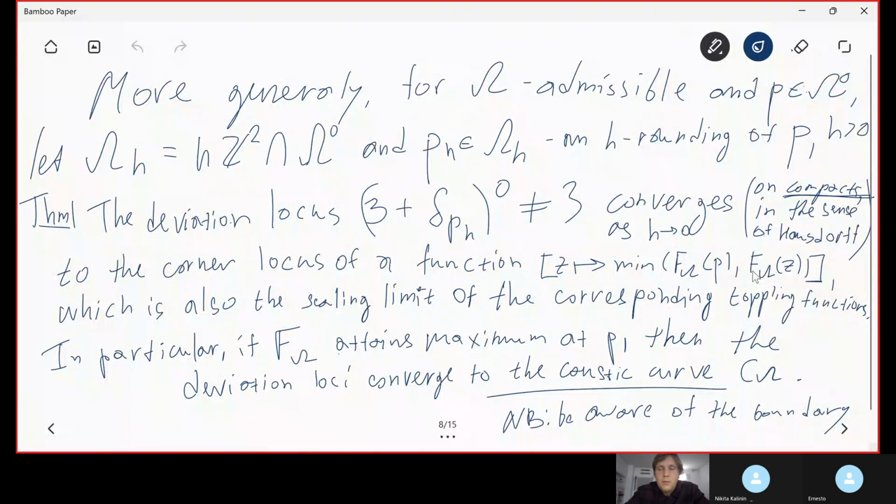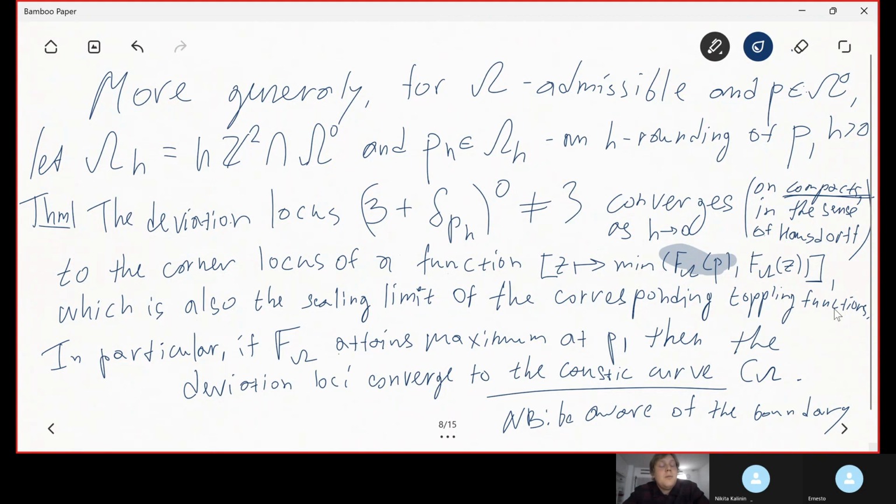We want our resulting tropical series to be not smooth at P, and the most obvious way is to actually make it break exactly at this P by adding the constant term, which is the value of the omega tropical series at P. And the scaling limit of the toppling function will be exactly this minimum of f omega P, f omega Z.